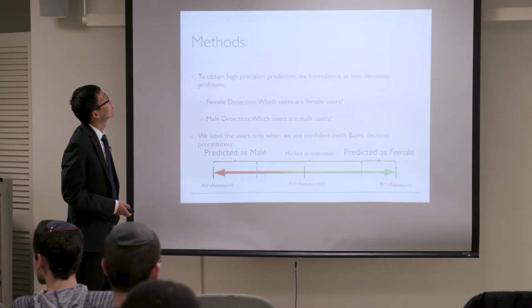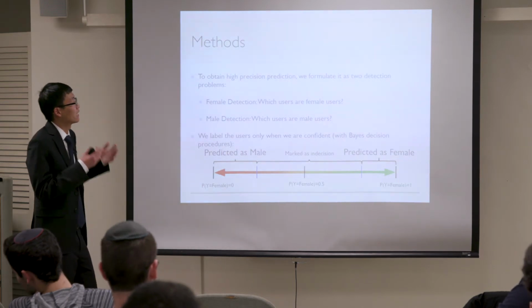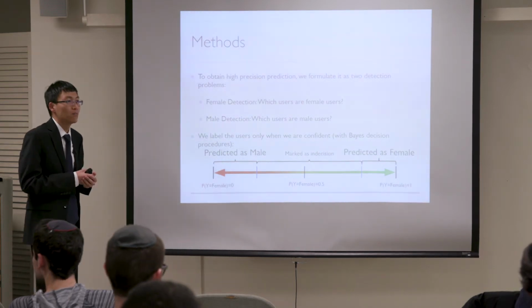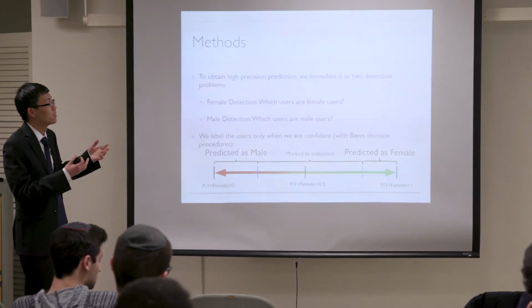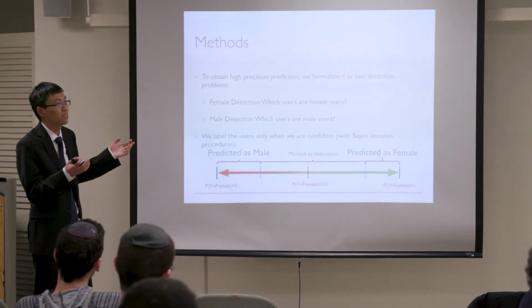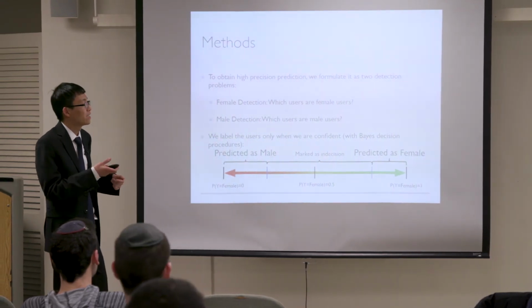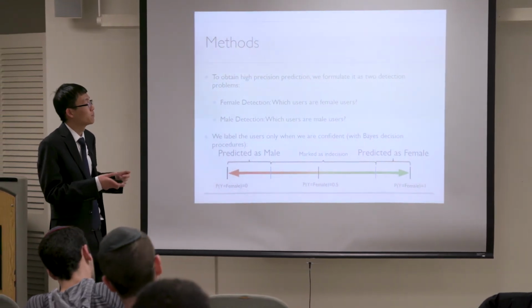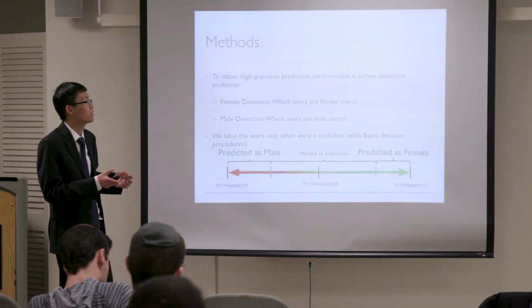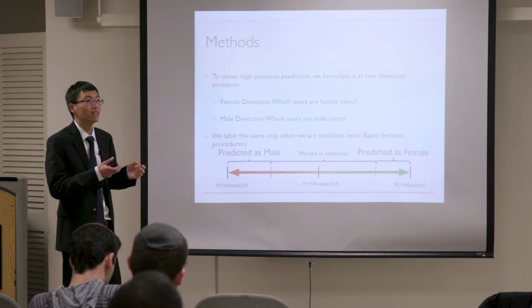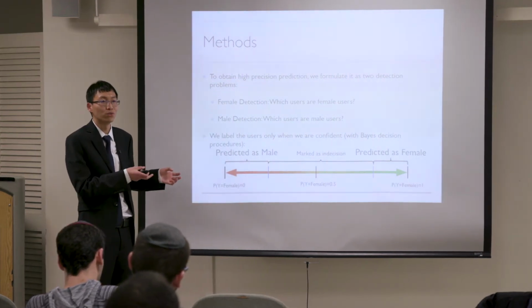Here we want to get high precision results because when this company sells advertisement positions to other companies, you need to guarantee that you meet their requirements, the contracts in China. For example, some company wants 70% of its advertisements to be shown to female users, or to male users.